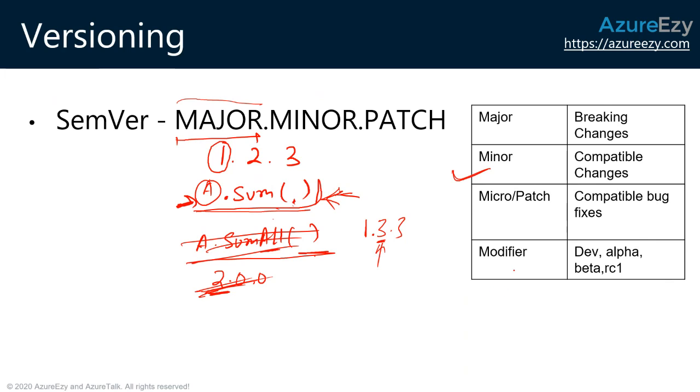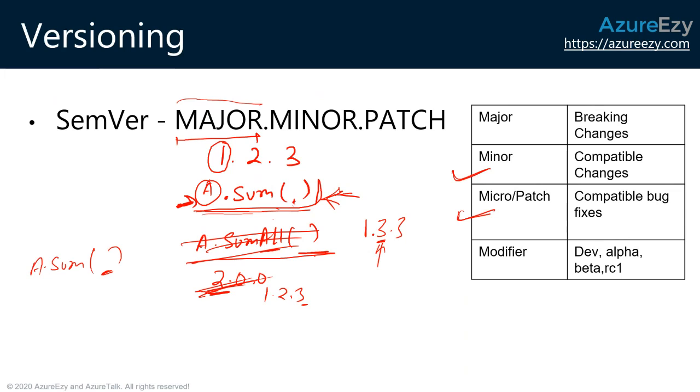Now the third thing, which people call micro or patch, is when this package 1.2.3 had some bugs. Suppose when people were calling A.sum, because of the internal calculation with certain inputs, for 0 or a certain negative number, it was not giving the output as expected.